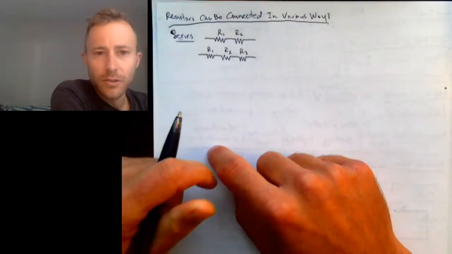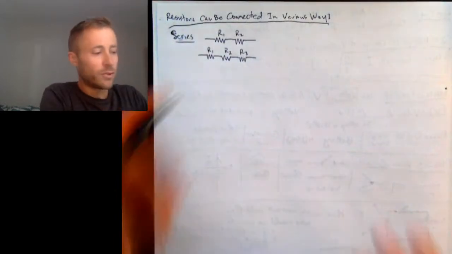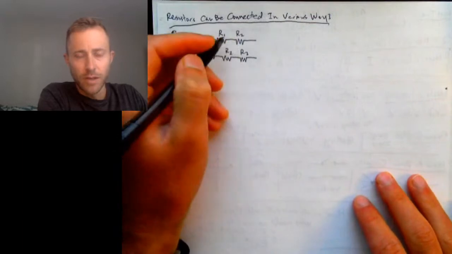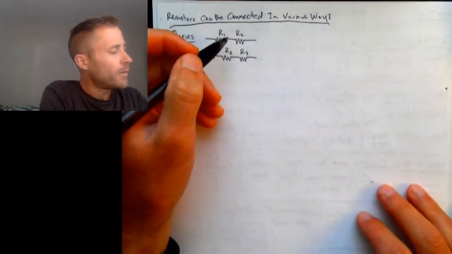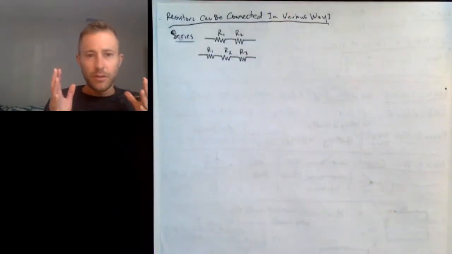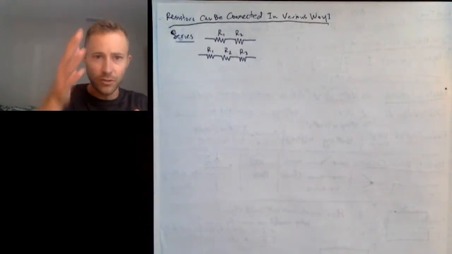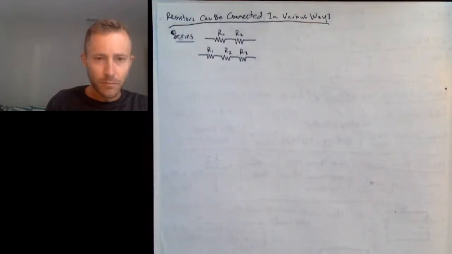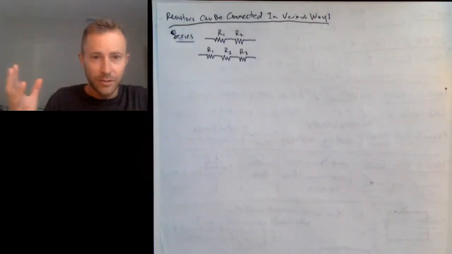Etc. These could represent different lights in your house. And it turns out that the source of voltage, if we're trying to figure out how much current the source is going to need to output, doesn't really see the individual identities of the resistors.